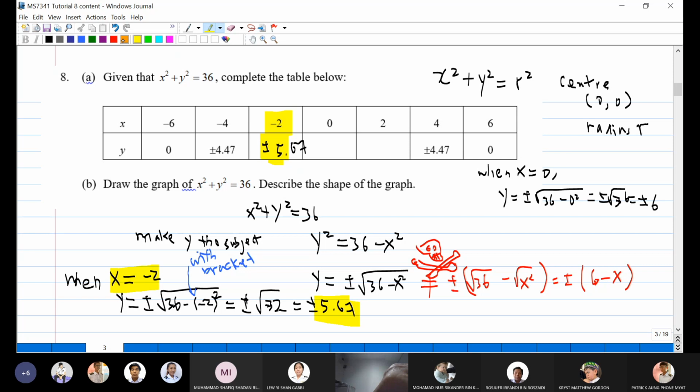So this gives you the second value, plus or minus 6 here.